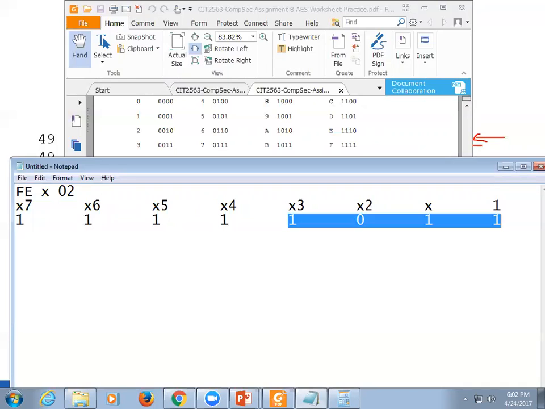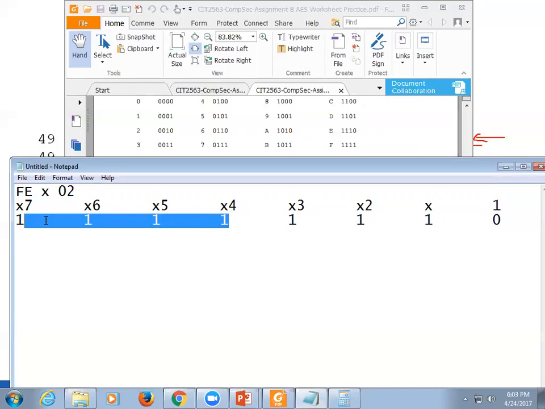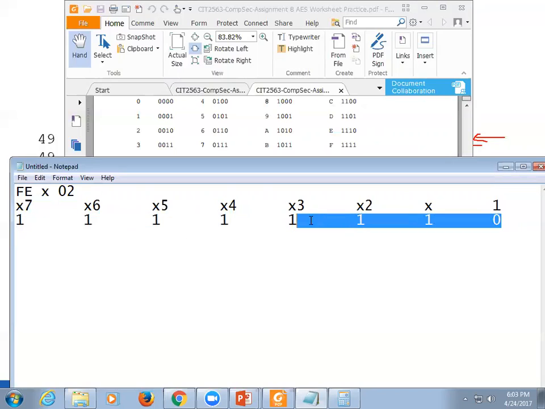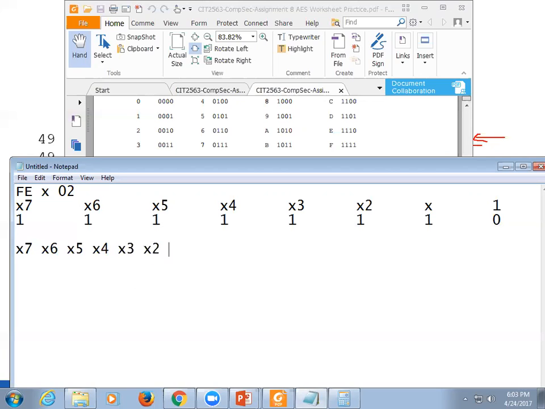Y'all agree with that? Yes. And E is 1, 1, 1, 0. We all agree that's FE. F is right here, E is right here. So we end up with x to the 7th, x to the 6th, x to the 5, x to the 4, x to the 3, x squared, and x. So far, so good? Yep.